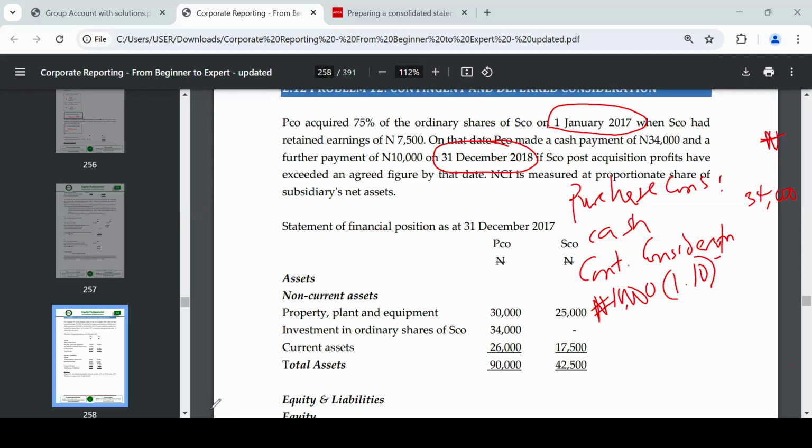What is the number of years that is between 1st January 2017 and 31st December 2018? 2 years. How many? I didn't hear you clearly. 2 years.